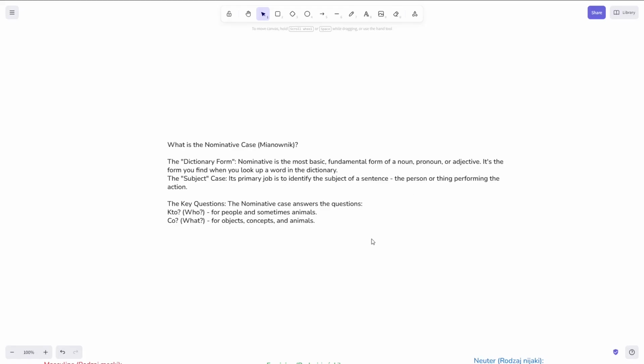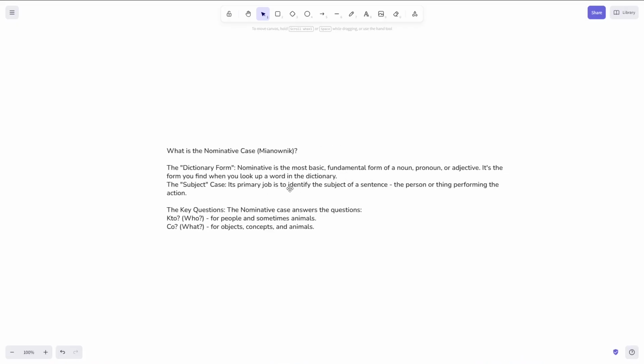And whenever you want to look up a word or just translate one noun from English to Polish, like cat, dog, table, chair, whatever, this is the form you will find the word in the dictionary, okay? So it is also the subject case, and by that we mean that its primary job is to identify the subject of a sentence. So basically the person or thing that is performing the action in that sentence, okay?